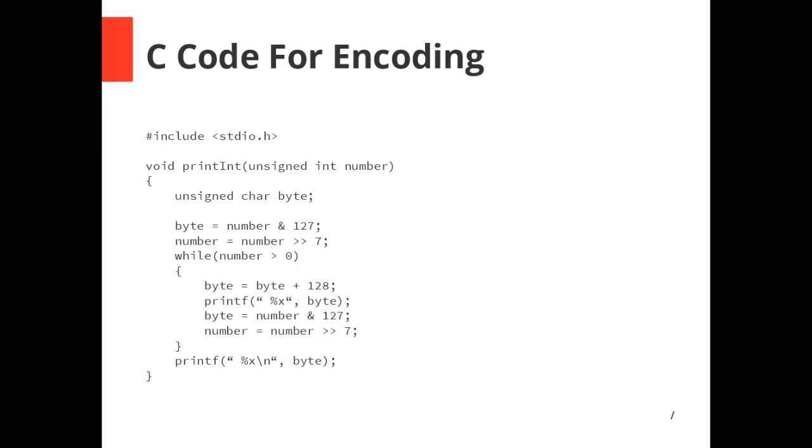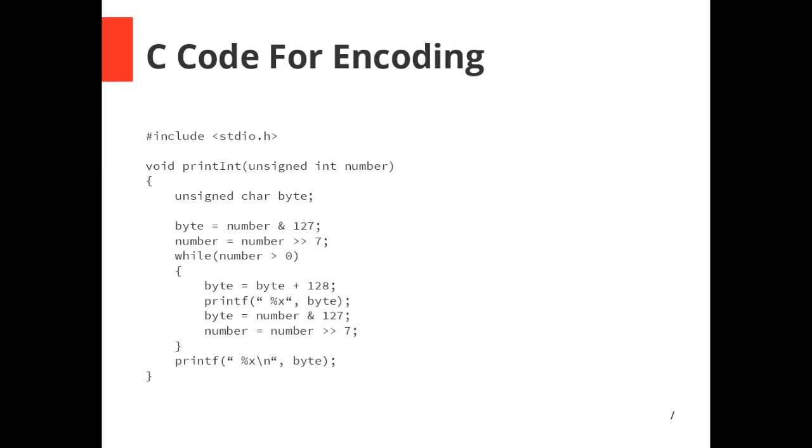So the number 127 is a number where the lowest 7 bits are all 1, and when you bitwise AND it with a number, the positions where the bits are 1 in both numbers will be set to 1, and if one or neither of them are 1, then they will be set to 0.